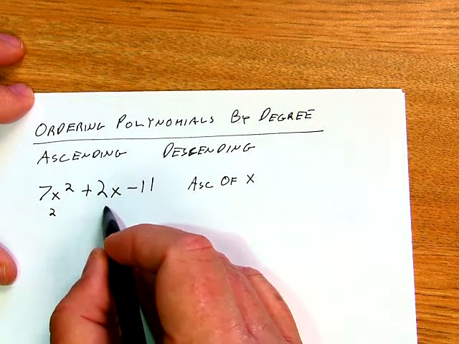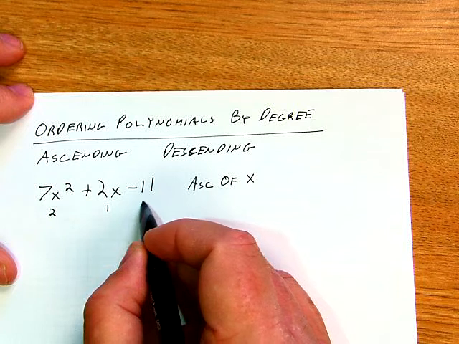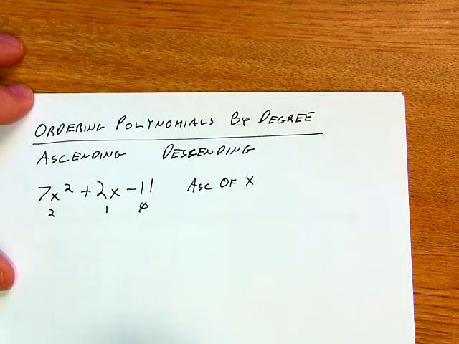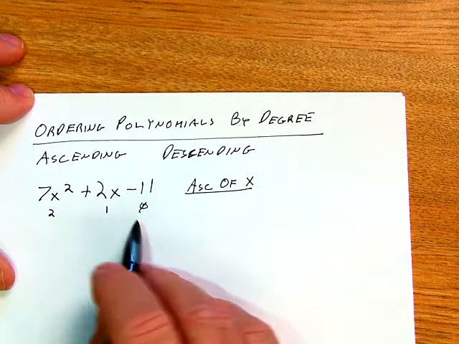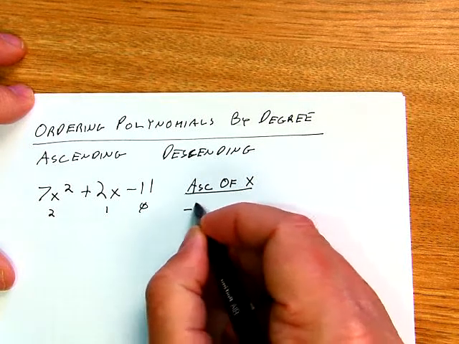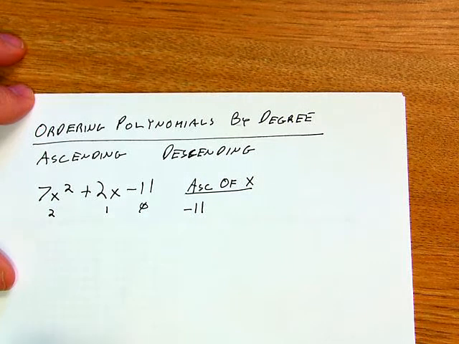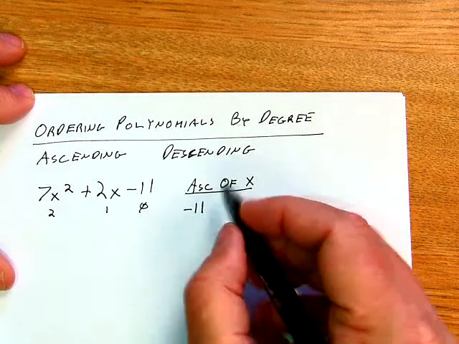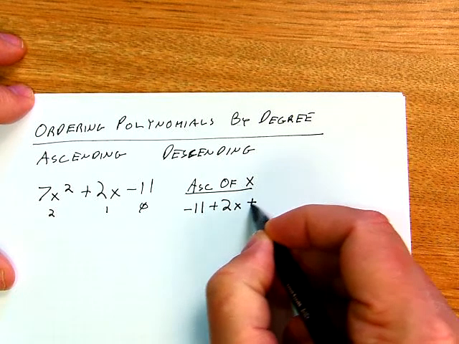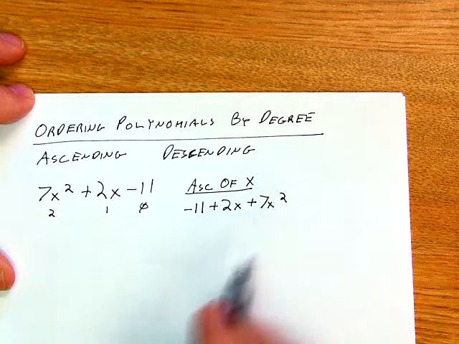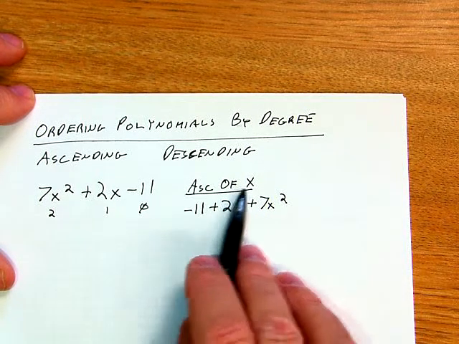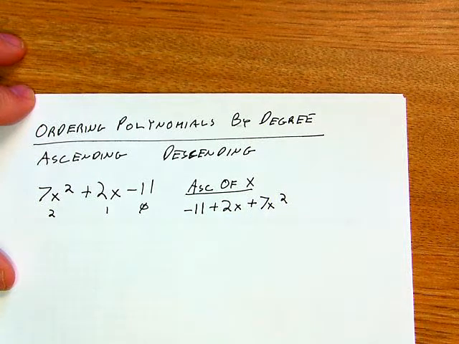The degree of x here is 1, and the degree of x here is 0. So to rewrite this in the correct order, ascending, we take the smallest one, which is 0, start there, negative 11, then the next smallest, 2x, and 7x squared. And we've rewritten this in the ascending order of the degree of the x variable.